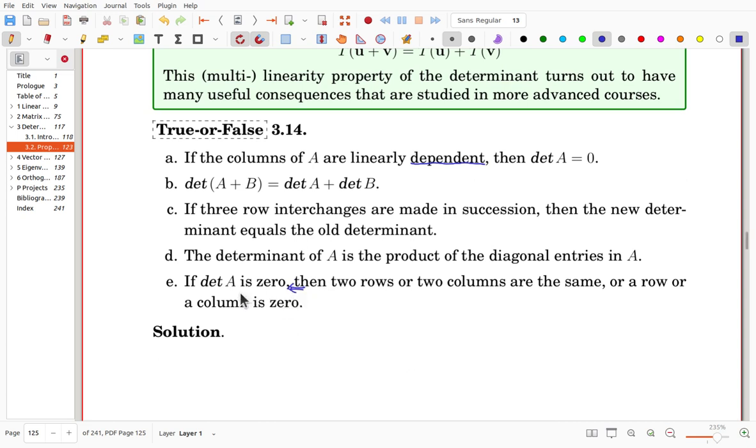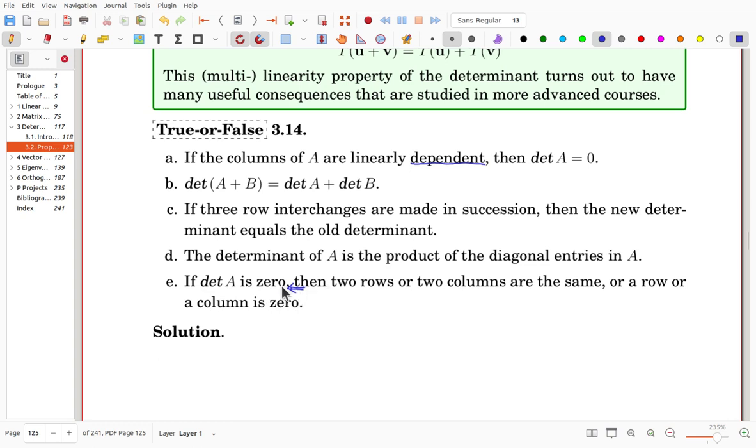However, even though these two are not satisfied, the determinant of A can be 0. For example, if the columns are linearly dependent, then the determinant must be 0. But it doesn't have to be that two rows or two columns are the same. Just a dependence is okay. And so this statement is wrong.